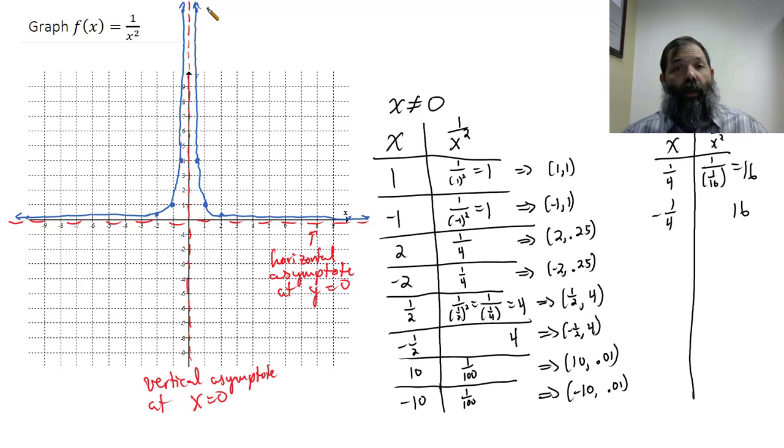So it is asymptotic to both the x-axis and the y-axis. It'll never actually cross either of those axes. There is no x-intercept nor y-intercept to this function. It's asymptotic to both axes. And so there's a graph of the function 1 over x squared.